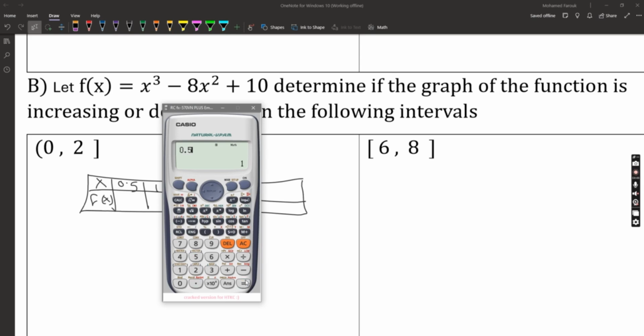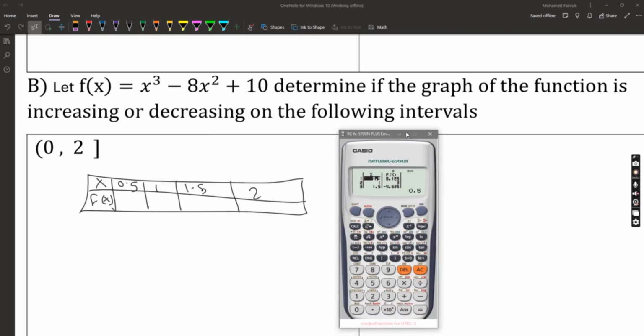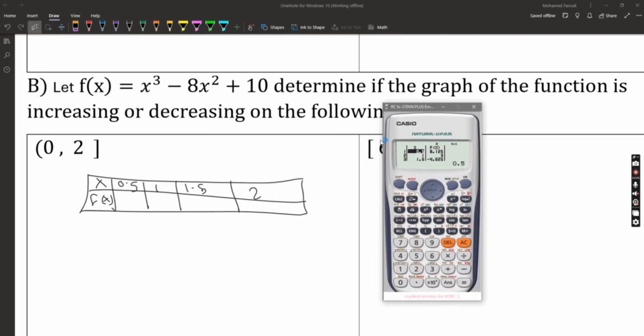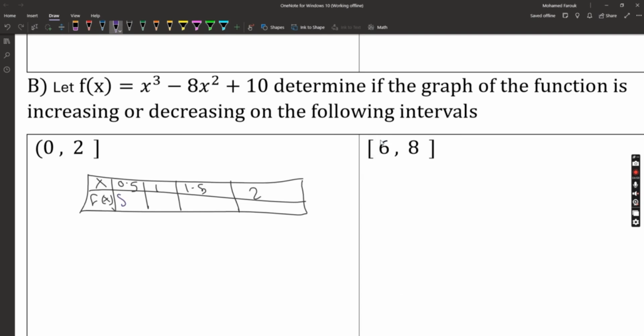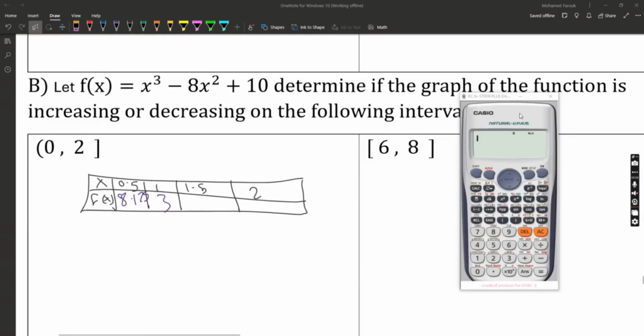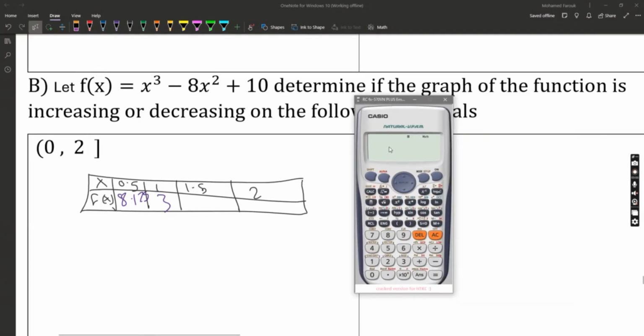I want to start at 0.5 and end at 2. My step is 0.5, so it will be 8.125, then 3. I'm sorry, my calculator went off, so I will do it again.